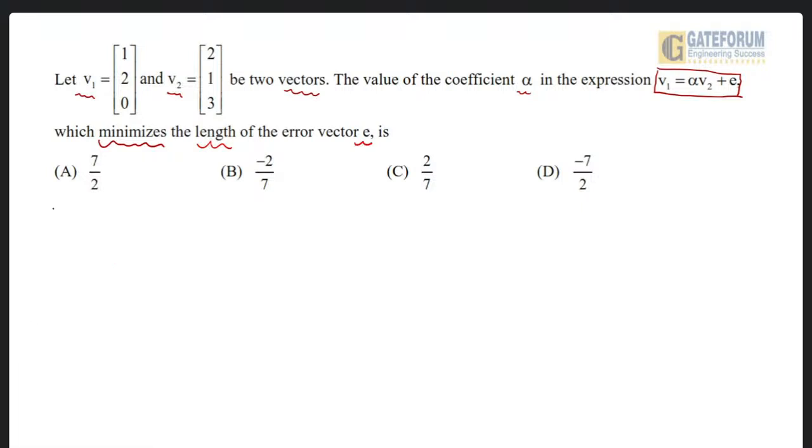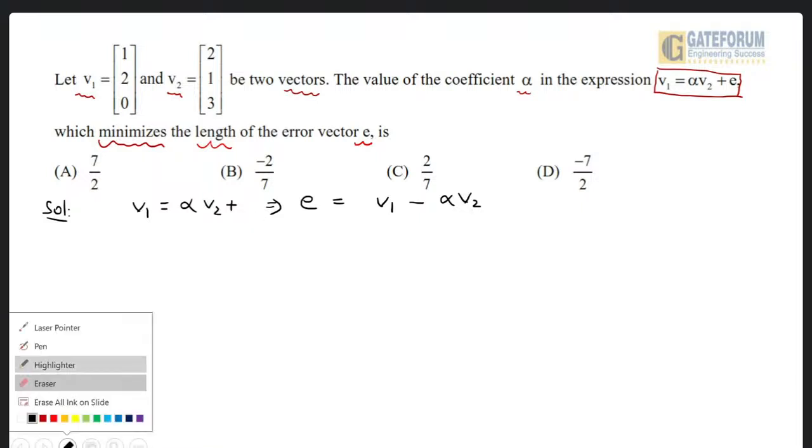You know how to find the length of a vector: square root of the sum of the squares of the elements of the vector. So, given V1 is equal to alpha times V2 plus E, from this I can find E is equal to V1 minus alpha times V2. Alpha is a scalar. V1, V2 are two column vectors.